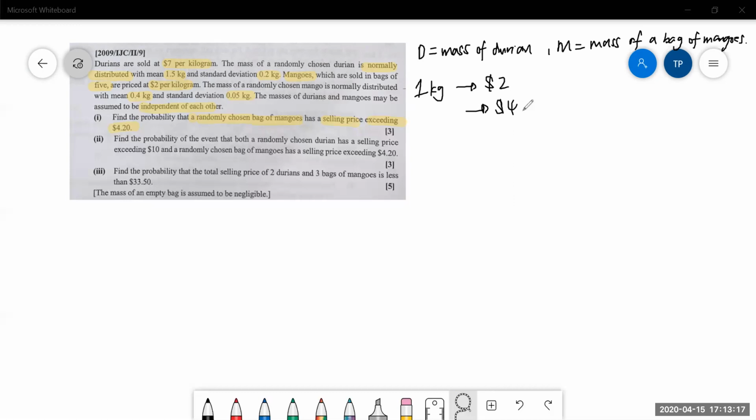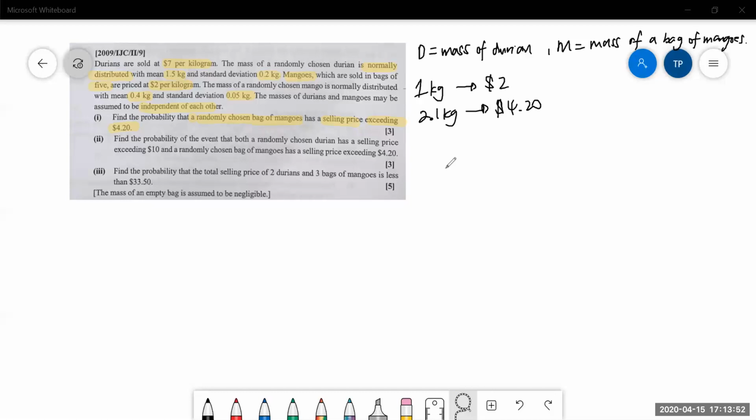Now I want to find $4.20. How many kg of mangoes? That is 2.1 kg. So a mass of 2.1 kg will give you $4.20.